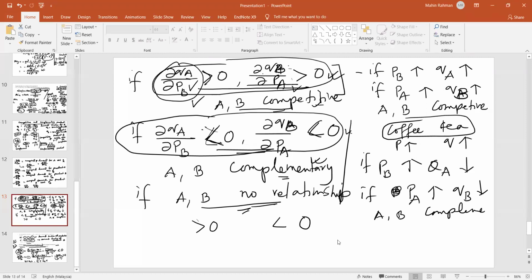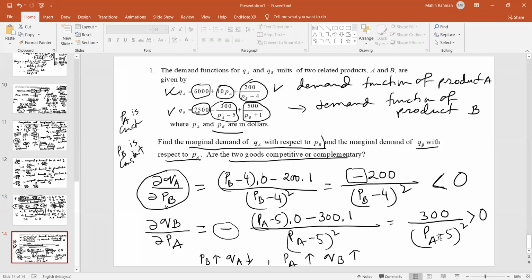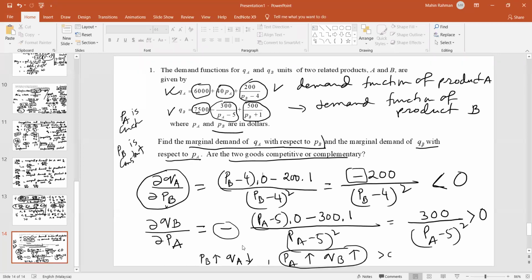Okay, it will be neither because they are not maintaining any relationship. So that means A and B are not competitive, they are not complementary, because they don't go the same way. This one should also be positive, or this one should also be negative.